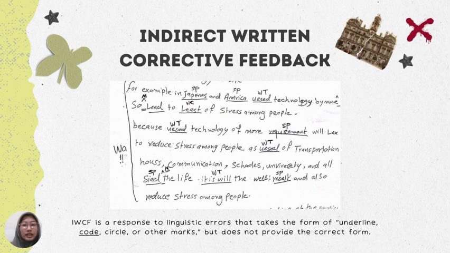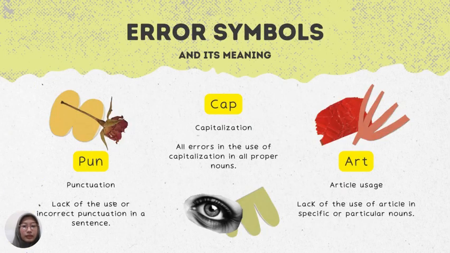Okay, we can see here the real example of the implementation of indirect corrective feedback. Because there are a lot of codes in this kind of corrective feedback, I will show you the error symbols. Next, PUN, which means the error occurred on the punctuation.